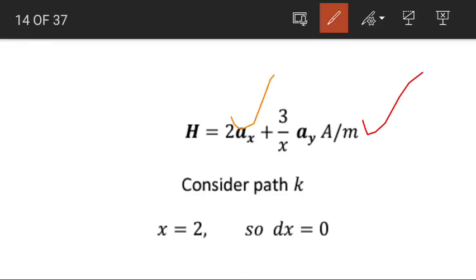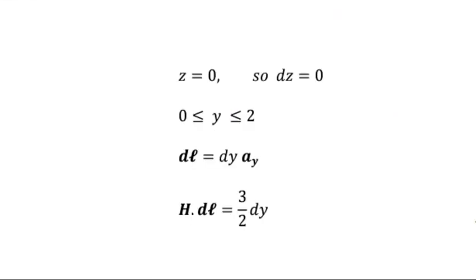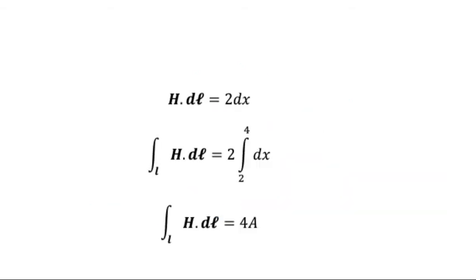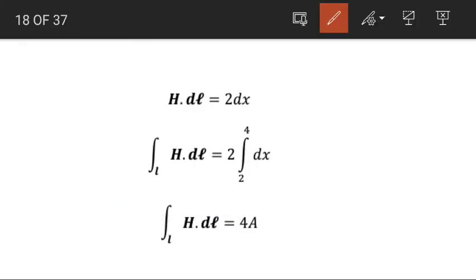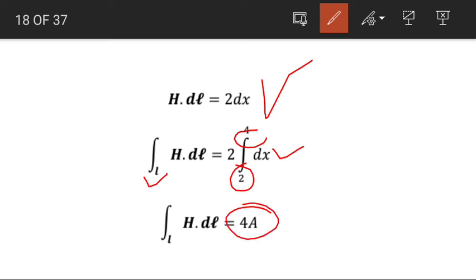H dot dl will be equal to 2 dx. We integrate this H dot dl along the path L, so we integrate 2 dx, and x is changing from 2 to 4. The integration of dx is x, and if we put the limits, the integration of H dot dl along the straight line segment L results in 4 ampere.